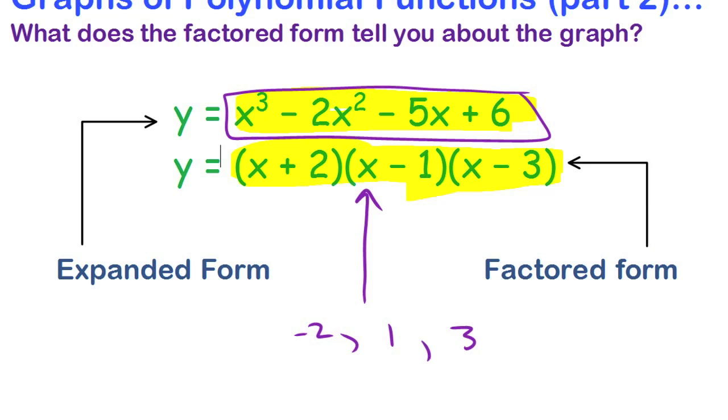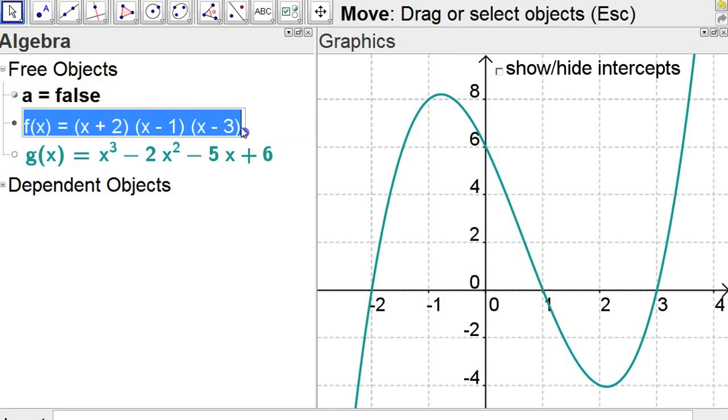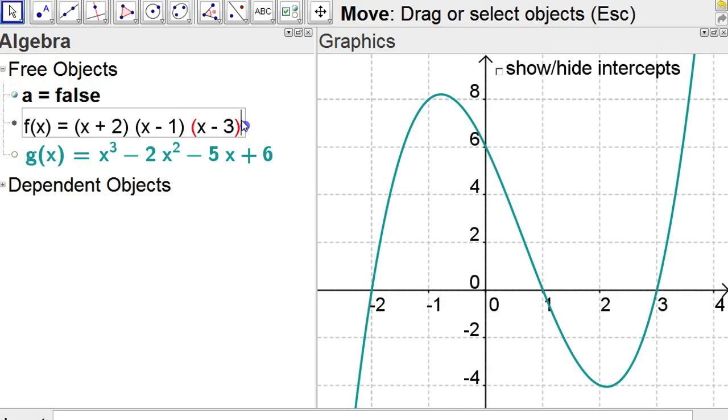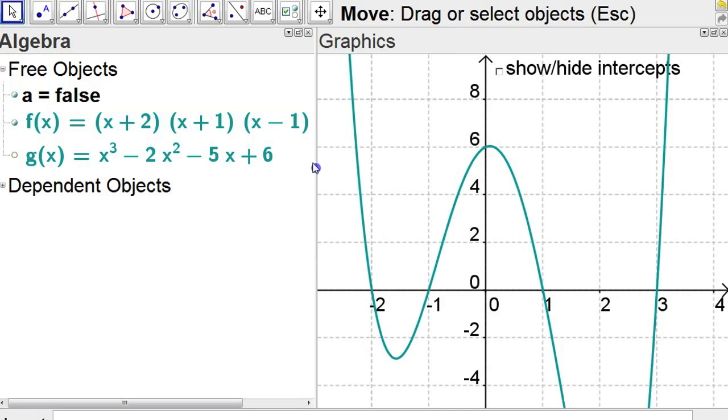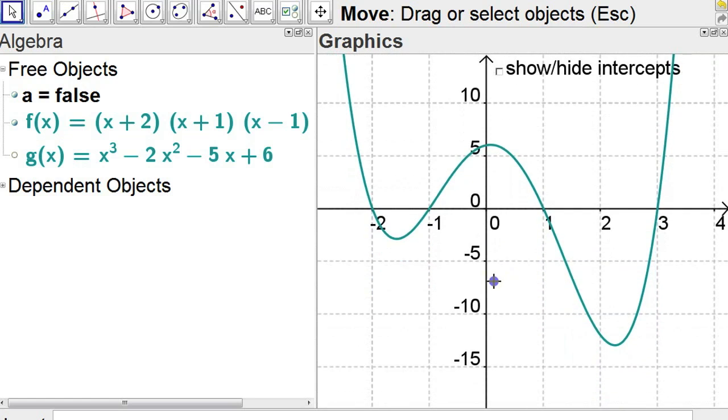So let's go back to our graph for a second. Let's get rid of these intercepts. Let's say I change the function, so it's not going to be the same as the other one anymore, and I add another factor here that was different. If I put x plus 1 in here, I have to change my scale a little bit and move that up.